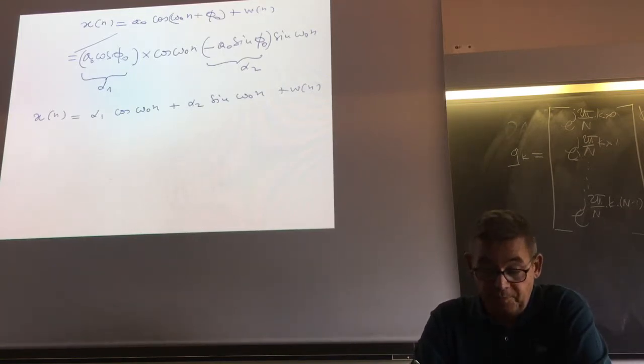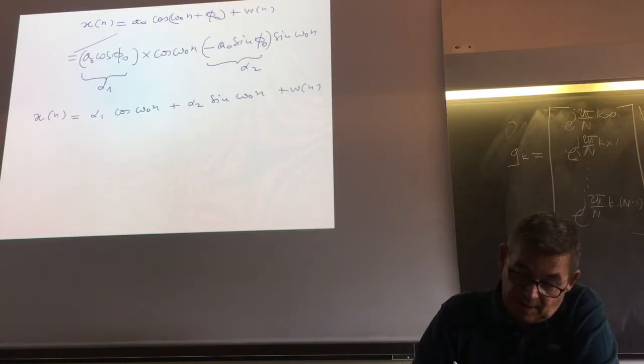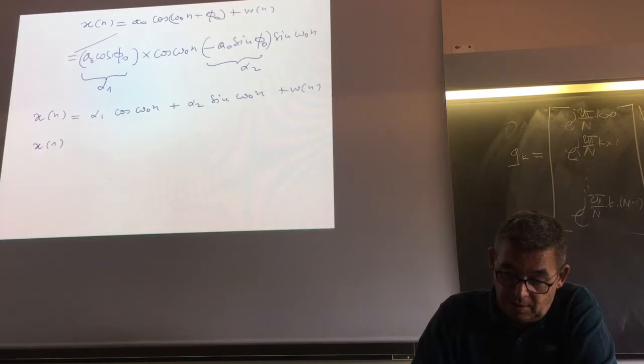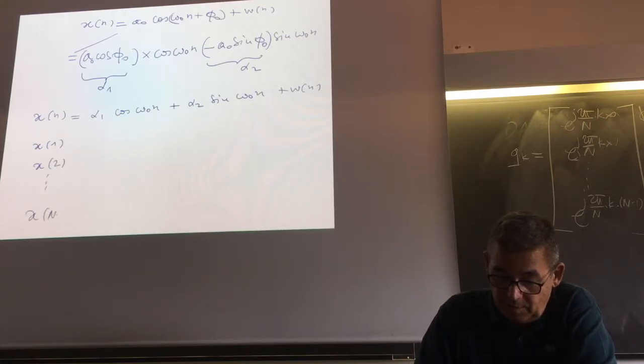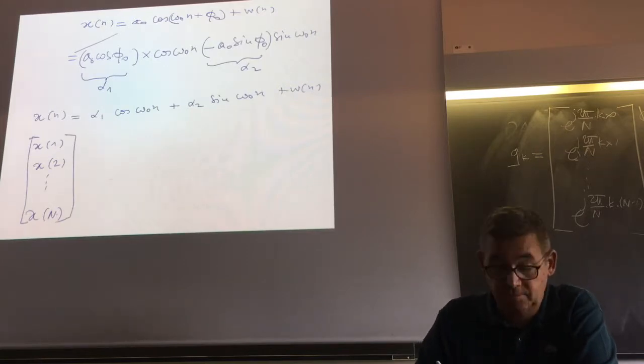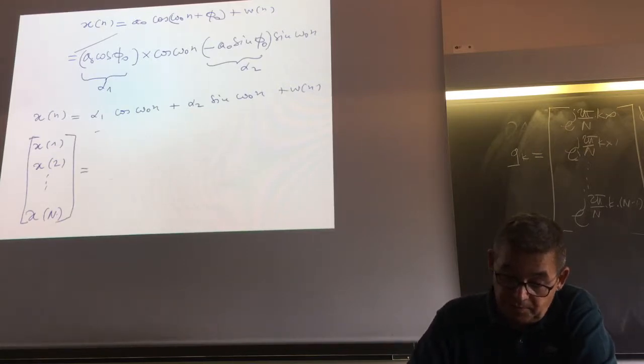So what I can do is take all these samples, x0, x1, x2, and order them until x[n minus 1], and stack them into a vector. This is equal to what?